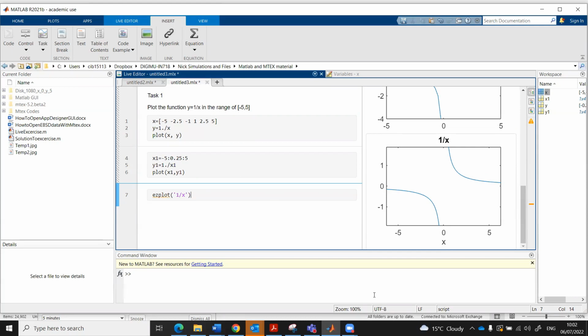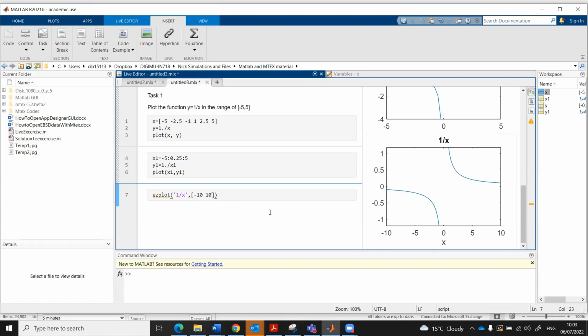Yes. In the same function, if I put here comma and put here in the square brackets, suppose minus 10, 10, so this is the range, it will redraw me the graph in the new range.